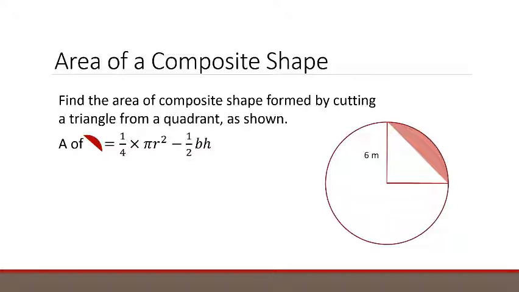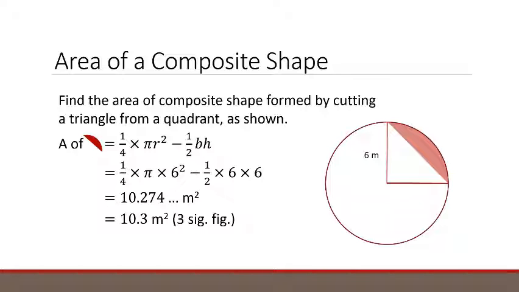So the quadrant is a quarter pi r squared, as we saw before, and we're taking away the area of that triangle, which is a half base times height. Substituting, the radius is 6 metres in this case, so we replace r with 6. It's also the base and the height of the right-angled triangle, so substituting 6 for each of those as well. On the calculator, we get 10.274 metres squared, or simply 10.3 metres squared, correct to 3 significant figures.